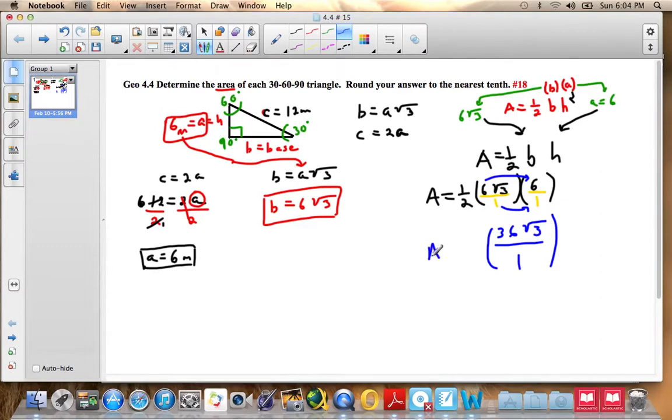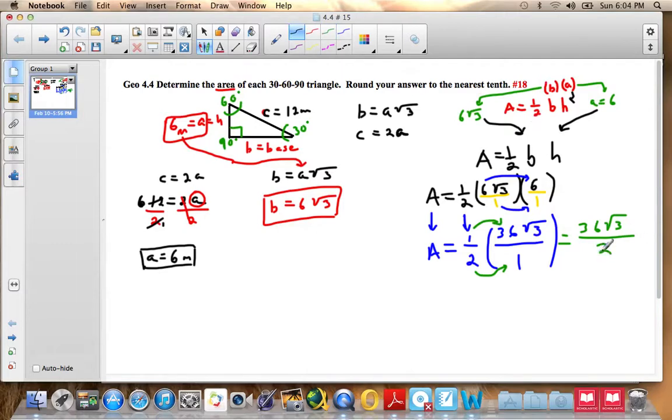And then I'm just dropping these down right here. Now I'm going to take another step. 1 times 36, so I end up again with 36 times the square root of 3 over 2 times 1, so that's 2.